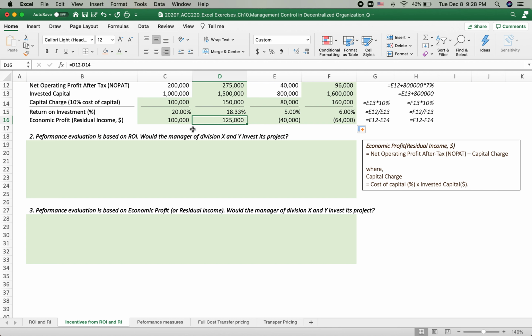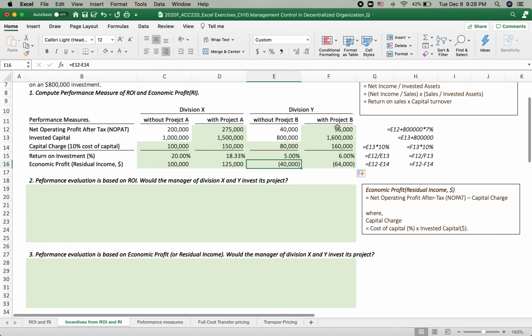Even if it is increased by just $1, economic profit definitely has increased, because that is the evaluation criterion. So the manager of division Y should reject project B. Why? Because the $40,000 negative economic profit, this economic loss, has been deteriorating, right? So there is no reason to take this new project B.